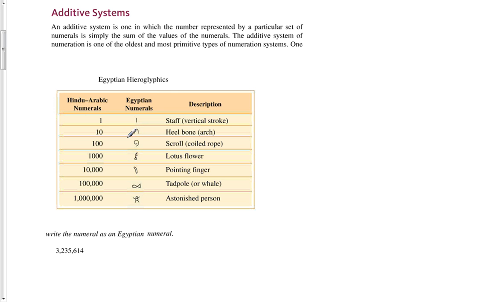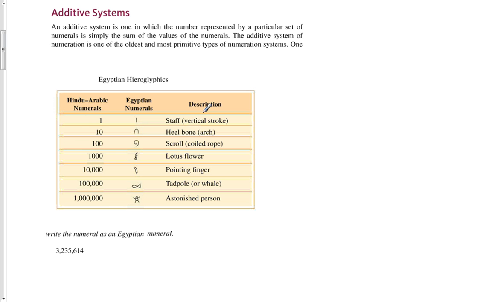Here is an example of an early additive system of numeration, Egyptian hieroglyphics. Our Hindu-Arabic numeral 1 is represented by a hash mark, which is pretty much what our 1 is. The description is a staff or a vertical stroke.